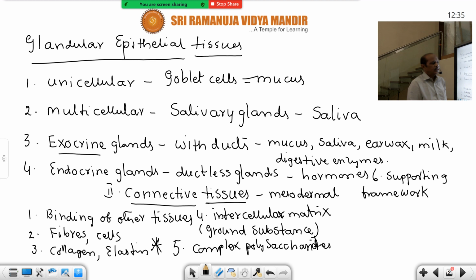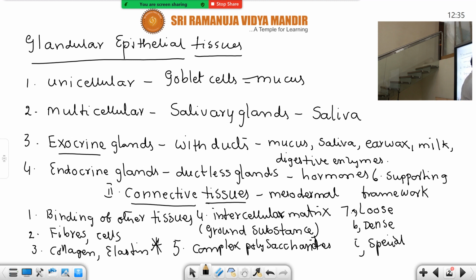Basing on the matrix, the connective tissues are how many types? 3 types. What are they? Loose connective tissue, A; dense connective tissue, B; and C, special connective tissues. Special connective tissues include cartilage, bone, and blood.